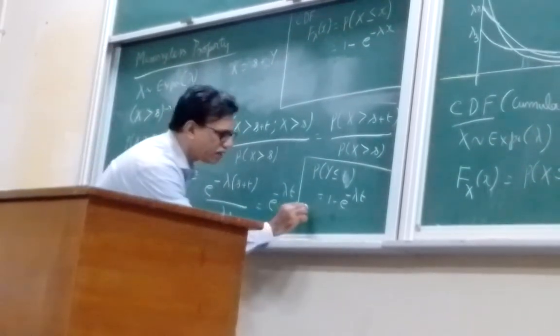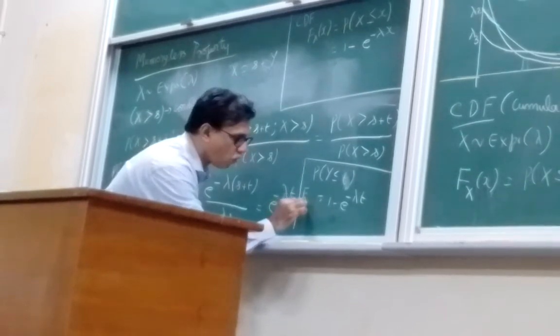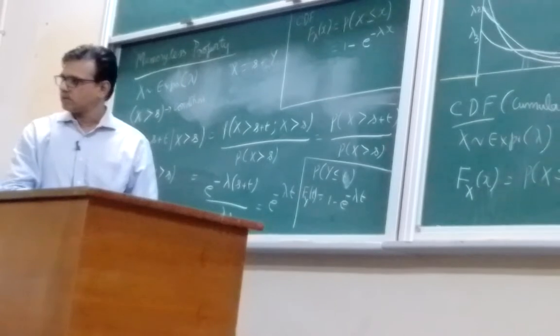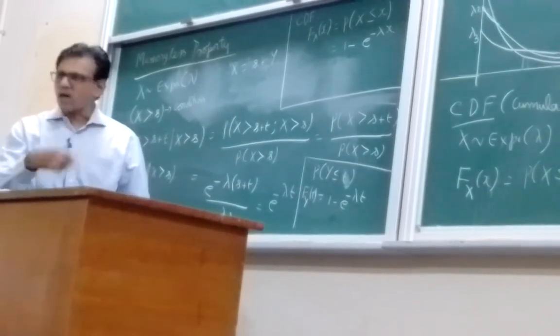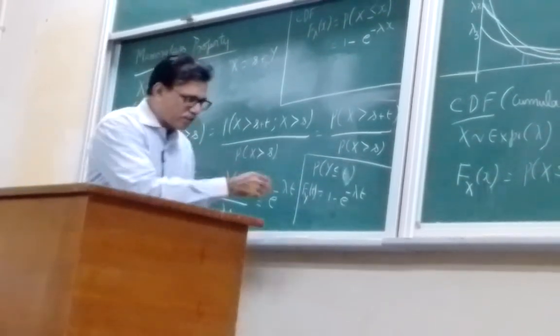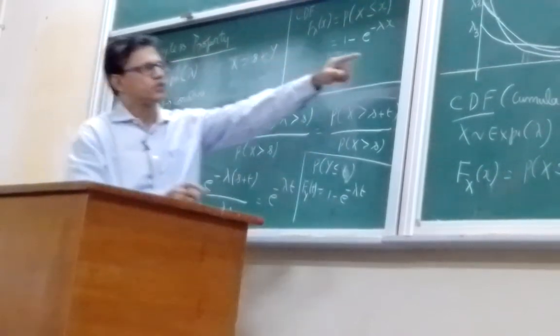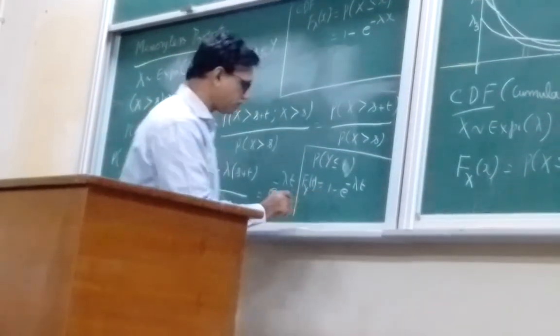F_Y evaluated at t is 1 minus e power minus lambda t. And what will be the density function? If the CDF is of this form, the density function will take the usual form: lambda e power minus lambda x.